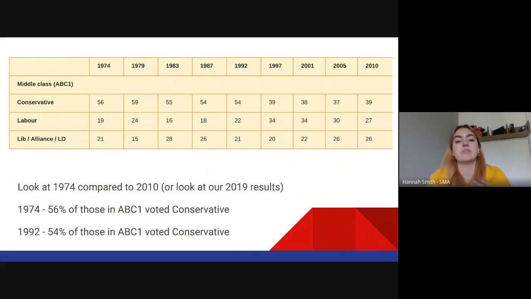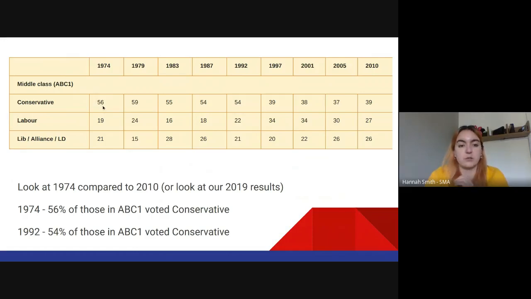The table shows the percentages of people in that category that voted for that party. If you look at Conservatives in 1974, 56% of the middle class, so 56% of people in categories A, B, and C1, voted for Conservative.